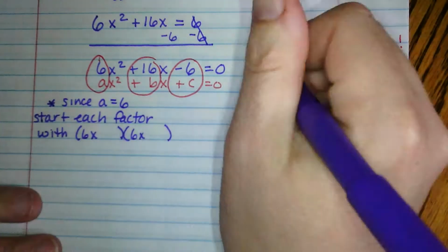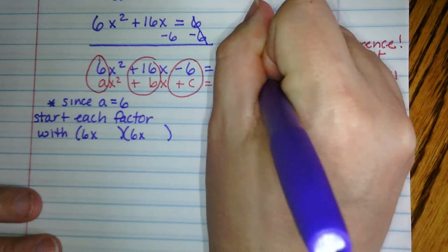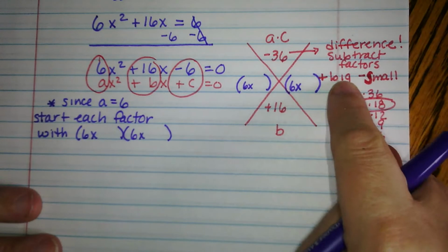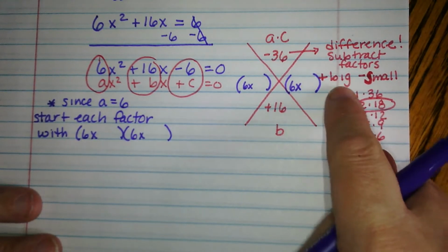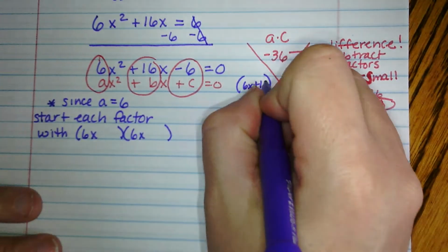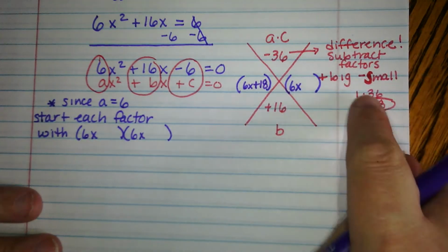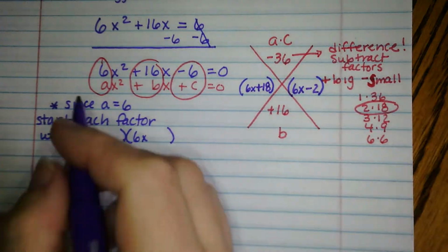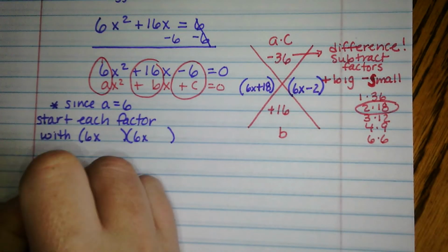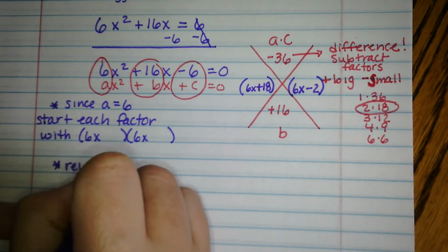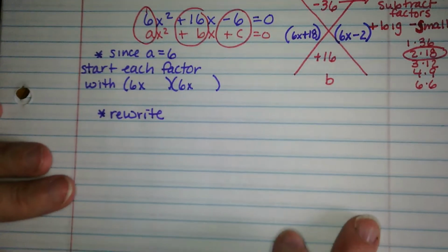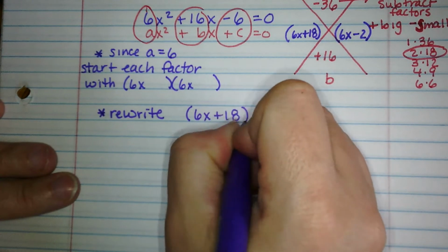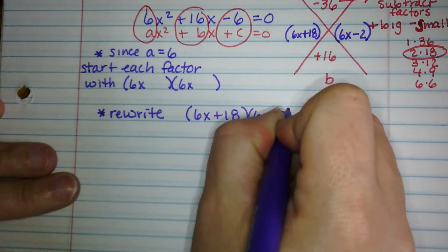So over here on the side, 6x something and 6x something. We already know the big factor is 18, so we need a plus 18. And the small factor is minus, so we need a minus 2. After you do that, you are going to rewrite it: 6x plus 18 and 6x minus 2.